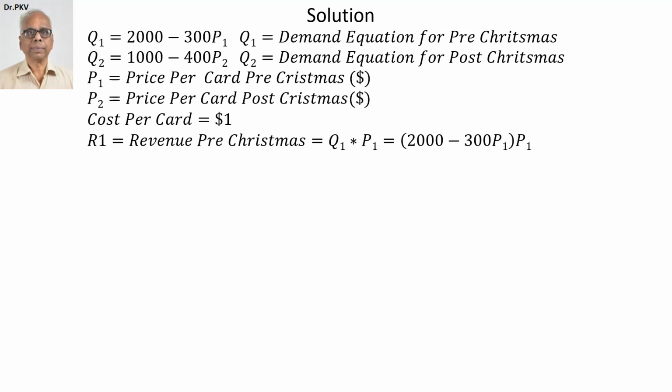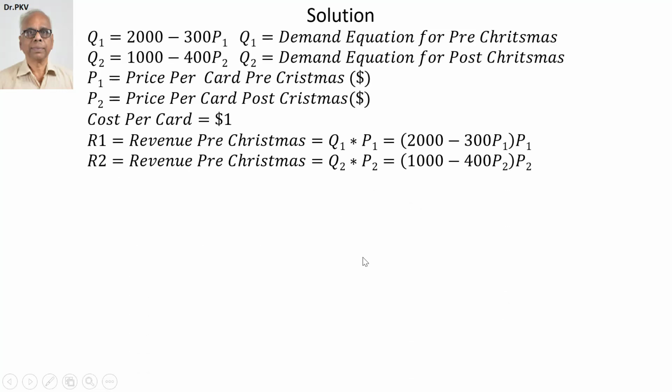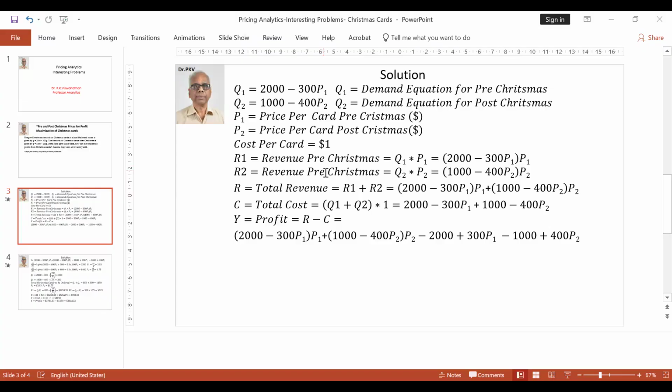So revenue for pre-Christmas is equal to Q1 into P1, which is equal to 2000 minus 300 P1 into P1. This R1 is the revenue for pre-Christmas. Likewise, R2 is equal to revenue for post-Christmas. There is a typo here, so let me make the correction.